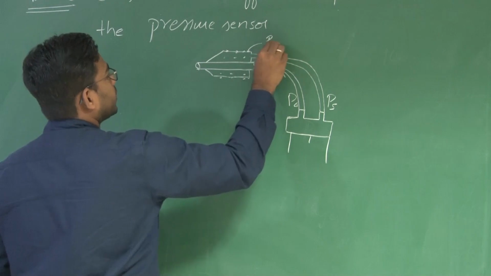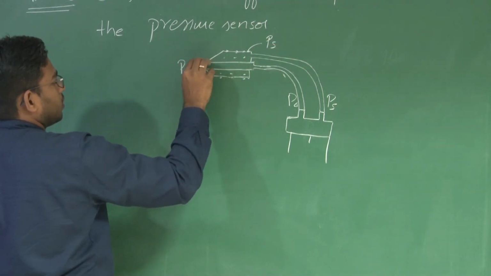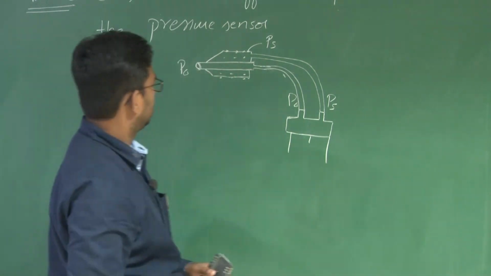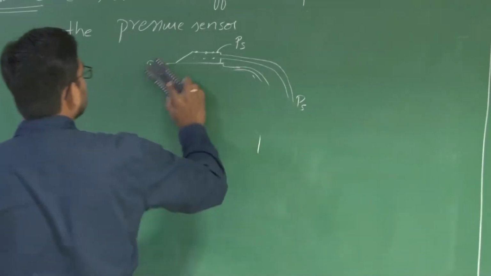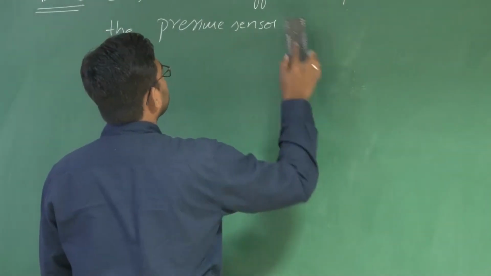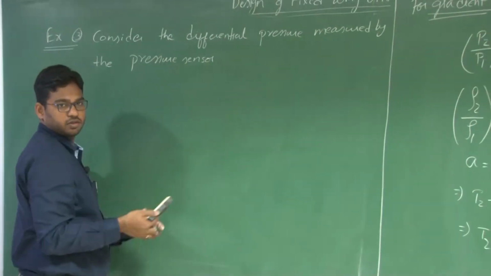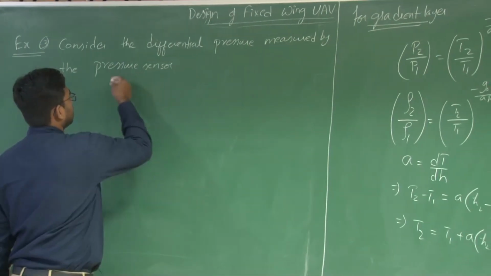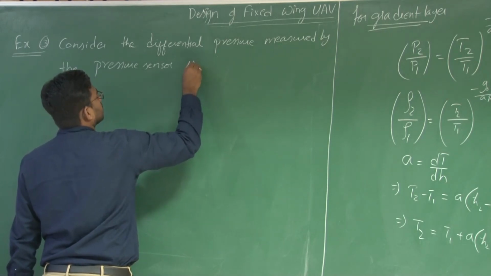So you will get PS from here, P naught from here. You can use a differential pressure sensor directly, so this differential pressure is measured by this differential pressure sensor.